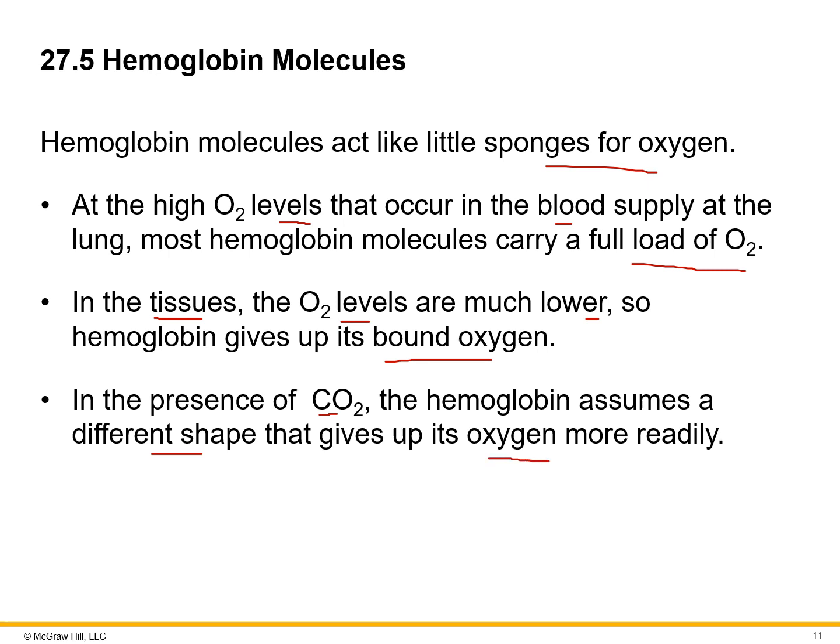And that allows oxygen to be given up more readily. So it's not going to be stingy. If there's carbon dioxide present in that tissue, not only does it go from high concentration to low, but in the presence of carbon dioxide it goes much faster, and that oxygen is given up from hemoglobin much more efficiently than it would be if carbon dioxide was not present.